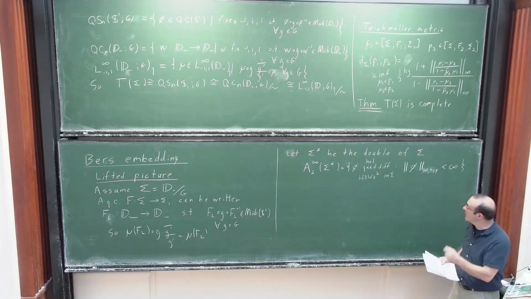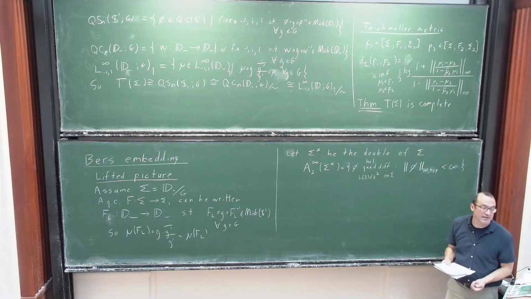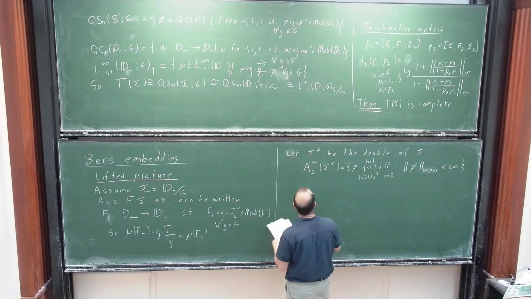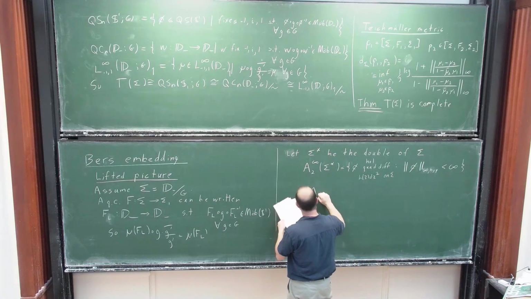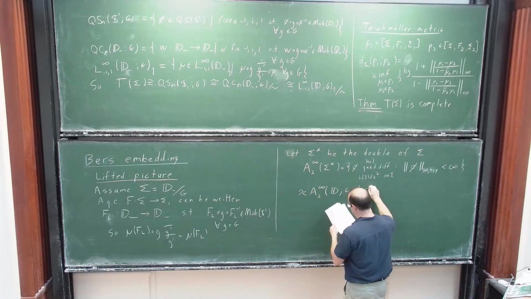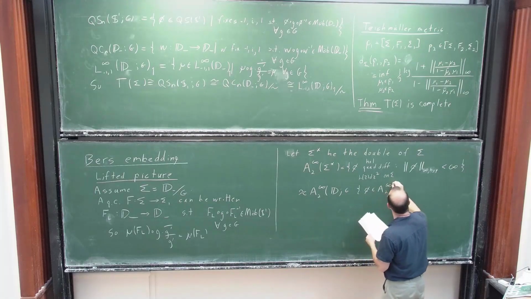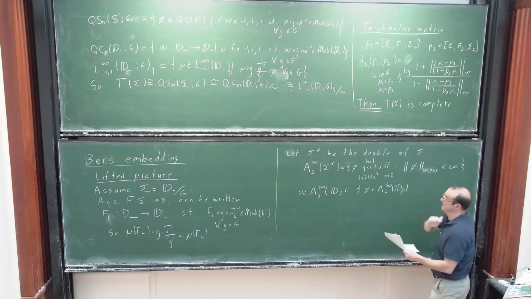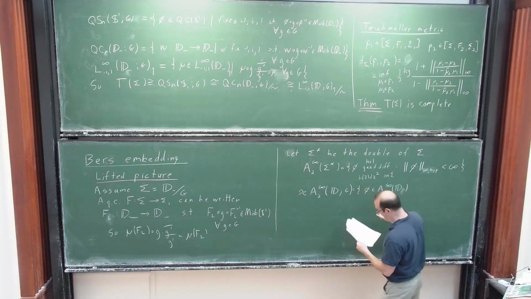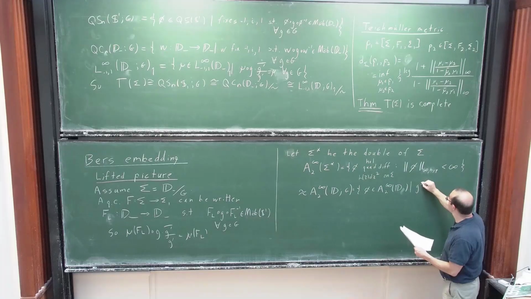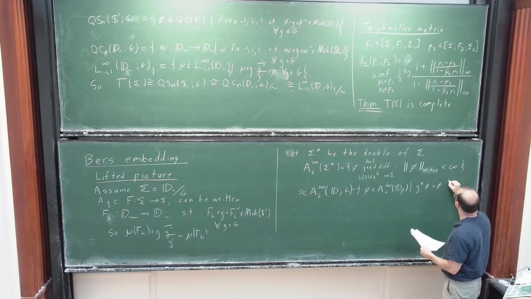So that might look a little abstract, but if you lift it to the disk, it's familiar. I'll write that down in a second. So this is isomorphic to A2 infinity of D log G, and here we look at the phi, which are in A2 infinity of D. Such that G star phi is equal to phi.